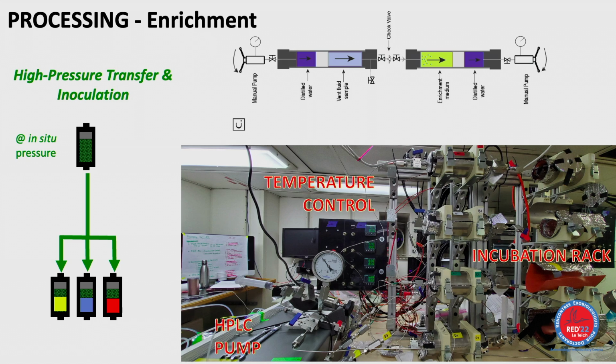You have all the incubation vessels here under pressure, at 500 bars, so the deep sea pressure, maintained at the fluid temperature we recorded during the sampling. Here you have the sampler that was inoculated with the sample and enriched with a specific medium.